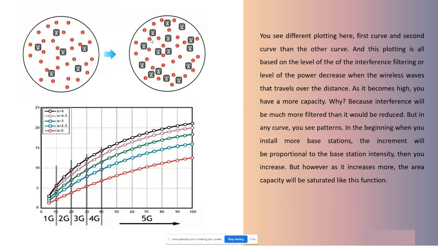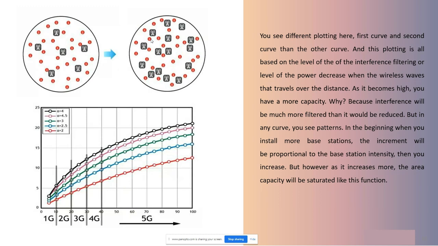Kasi kahit madaming base station ang ilagay dyan at madami pa rin naman yung mobile terminals or yung number of communicating pairs na gustong pumasok doon sa iyong base station. So, yung speed ng data transfer will also be slow.